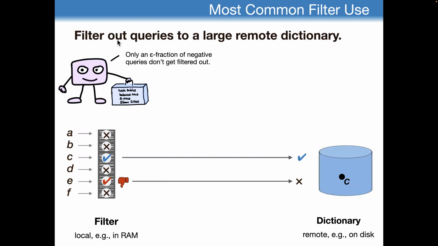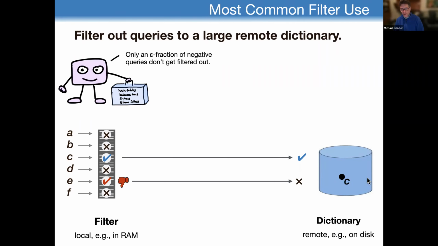So here's a picture of a filter, which is like, say, a local data structure, say in RAM. And the large remote dictionary maybe is a database or key value store that's stored on disk, stored remotely.